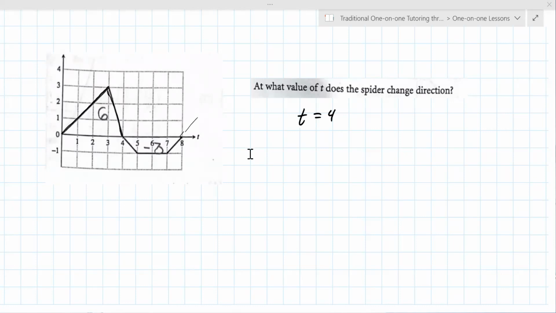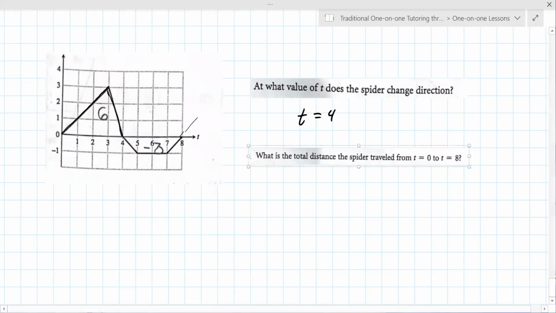All right. What is the total distance the spider traveled? So this is that whole distance displacement thing. Total distance means you count positive areas positive and negative areas also positive.